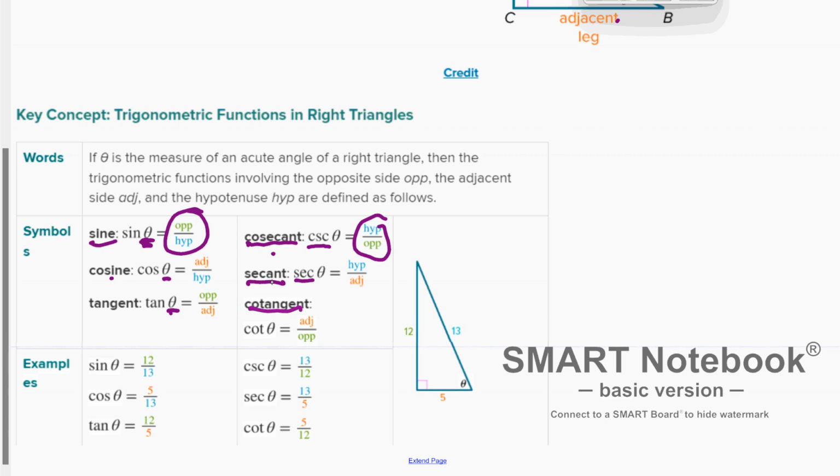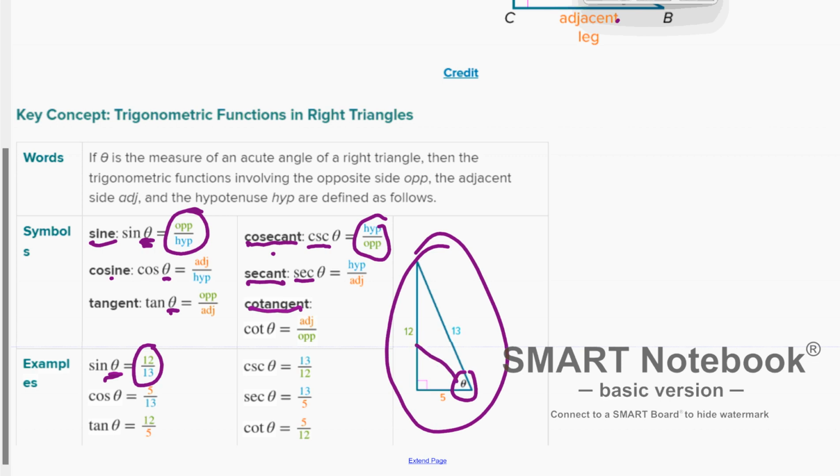Those are the reciprocals. So if I have a triangle and I label an angle, you have to label an angle because it's always of an angle. Then you can label your three sides and write the ratios, 12 over 13, opposite over hypotenuse. Cosine is adjacent over hypotenuse, and tangent is opposite over adjacent. And then you can do the reciprocals, of course. These are all dealing with a right triangle.